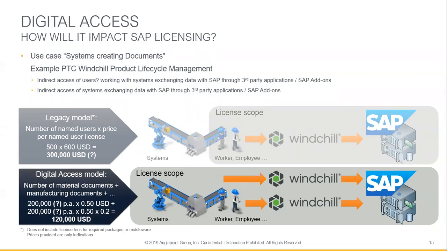Well, it comes, as I already mentioned using the slides from SAP, at a different value since, for instance, material documents or manufacturing documents, especially manufacturing documents, the line item itself comes at this value of 0.2. Well, regardless, you can see that you still have to do the calculation to come back with a number that you can use for comparison of the different license models and choose the most appropriate for you.